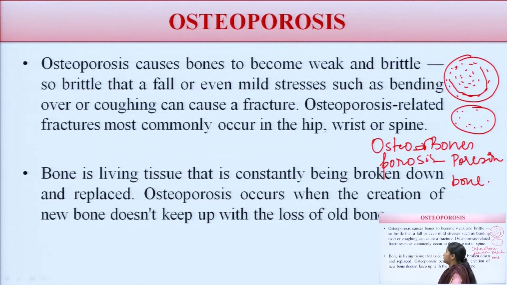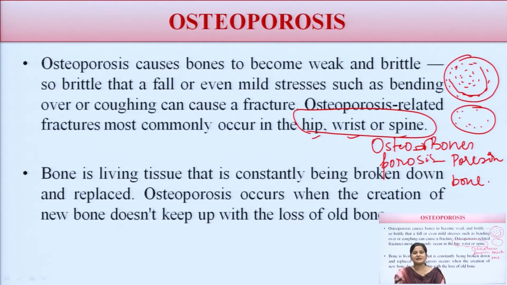These are the strongest parts of the bone at which our skeleton system stabilizes, right. With the hip portion the person is able to sit in the proper manner. The wrist does the motions of any gestures. The spine is the back part, the backbone of the body, right.